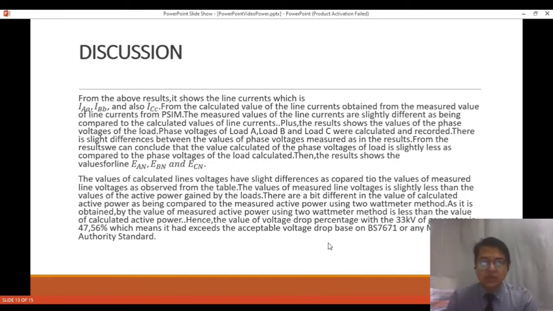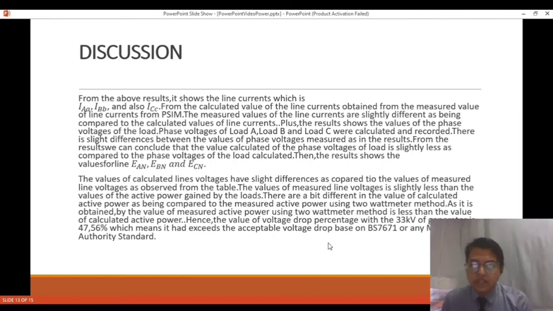Then the result shows the values for line EAN, EBN, and also ECN. The values of calculated line voltage have slight differences as compared to the values of measured line voltage, as observed from the table. The values of measured line voltage are slightly less than the values of the active power gained by the loads.